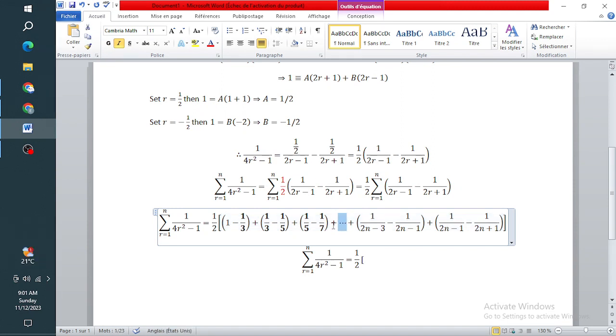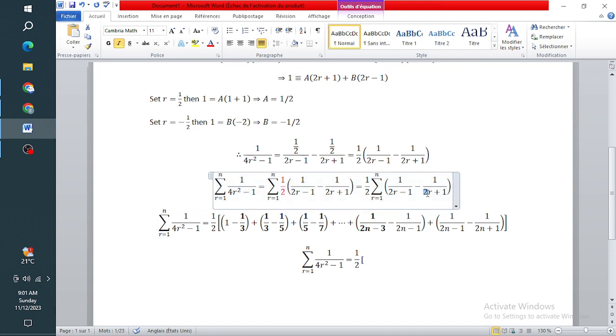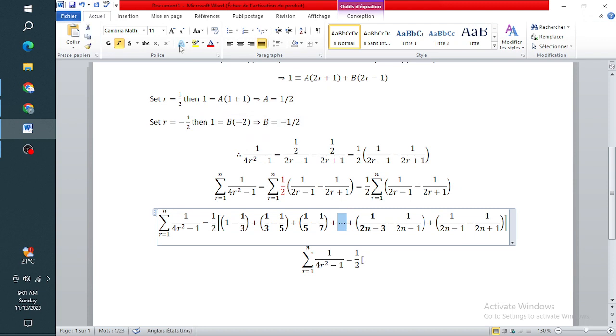Until you're going to realize that this term here is going to cancel with a certain term in front. If I put r to be n minus 2, you realize that this term in its denominator here becomes 2n minus 3, and there's a negative sign, so it must add up with this one to give you 0. So some terms inside here definitely cancel. Since it's negative, you add it to itself, it becomes 0.